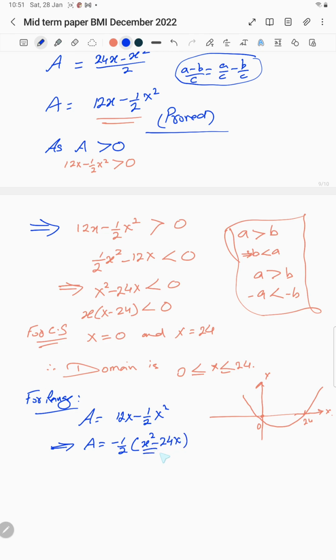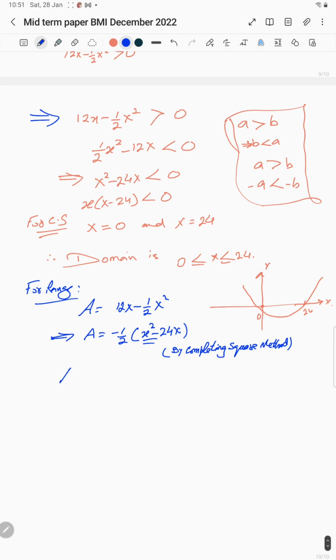Now by the completing the square method, minus 1 by 2 as it is, x square minus 24x, half of 24 is 12, so plus 12 square minus 12 square. So A will be minus 1 by 2 times (x minus 12) whole square, plus 72. After simplifying we get this one.